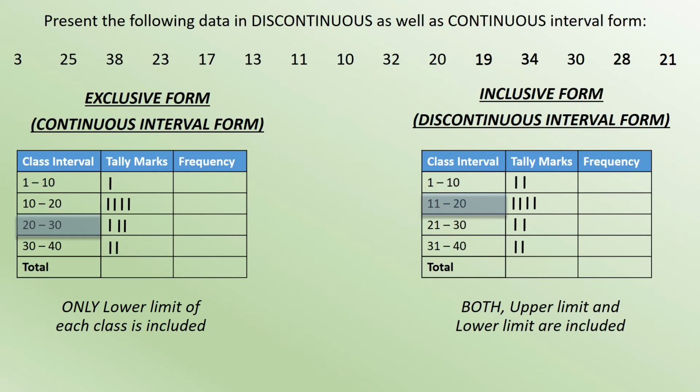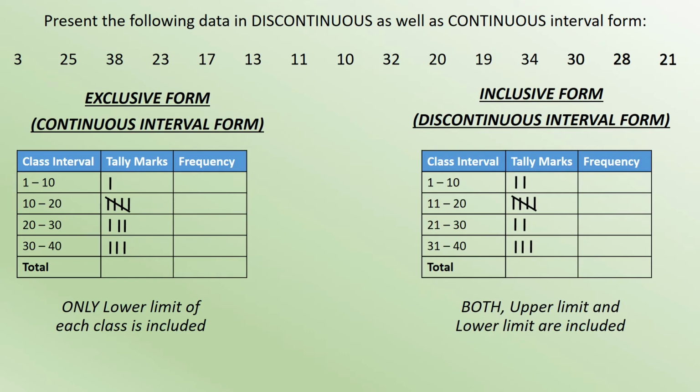In the same way, now again this is the fifth time tallymarks are coming for the class interval. So we group them by a cross line. Now number 30.